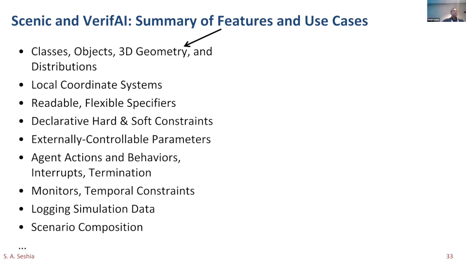You don't necessarily want to assume that you have known distributions over them, and you want your external falsification or testing or verification engine to be controlling the values of those things. So you can do that in SCENIC. You can define parameters and you can control them through your favorite verification search algorithm or testing algorithm through Verify.